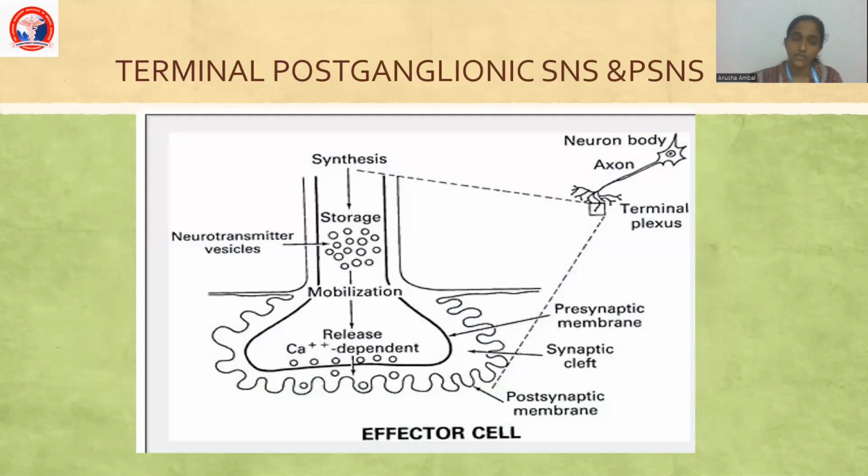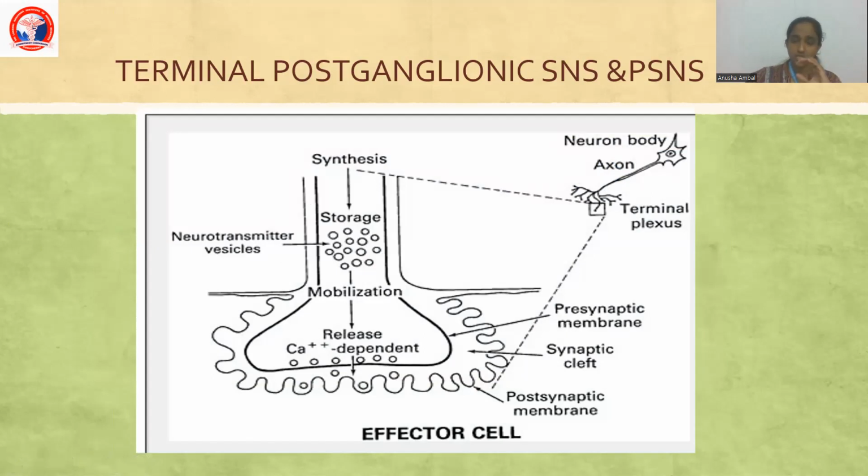So we already saw that at the effector cell, epinephrine, norepinephrine, or acetylcholine is getting released. So how does this action take place? That is what is shown here. It is not that the neurotransmitter is synthesized only when a stimulus is given.